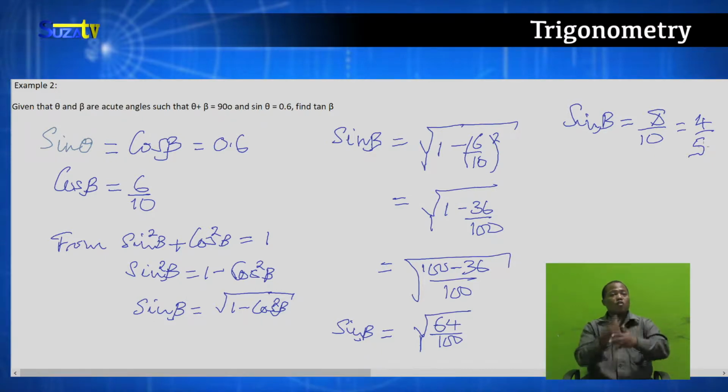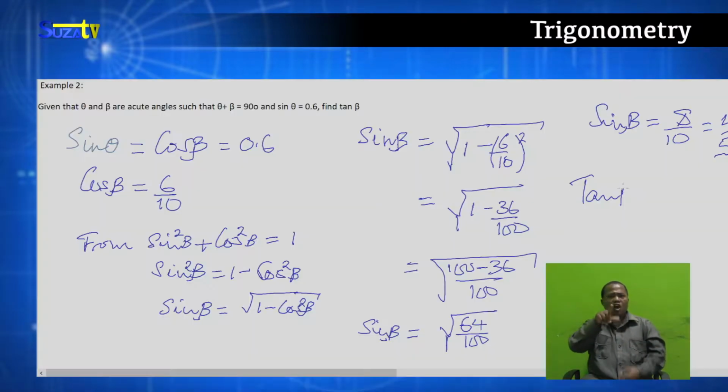Now from here we have sine beta and we have cos beta, and the question said find tangent beta. So it is simple, as we have discussed from the first example. We have the relation between tangent and sine and cosine. Do you remember that?